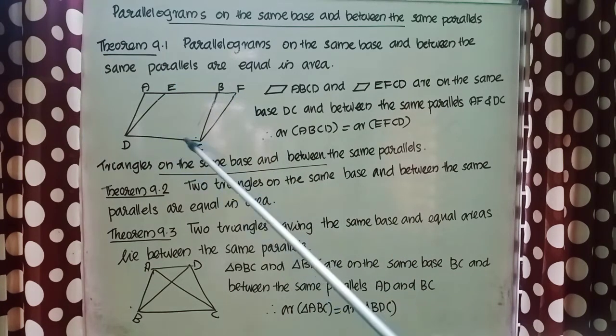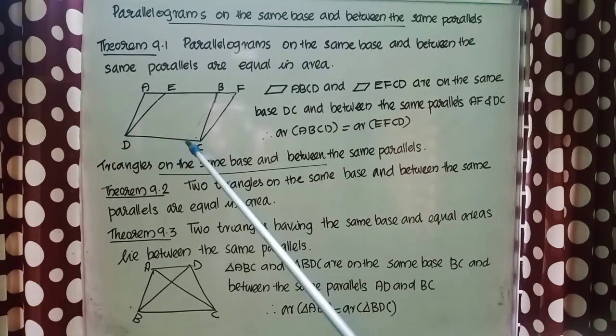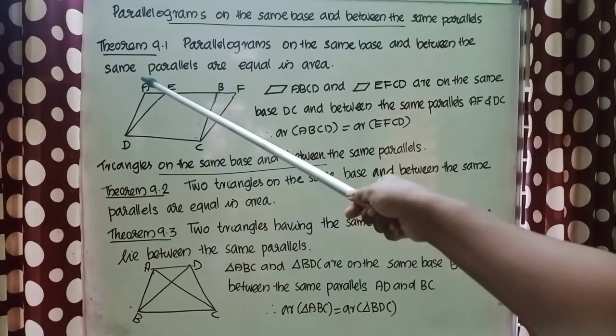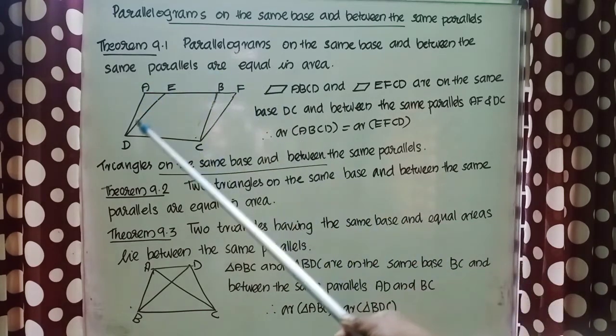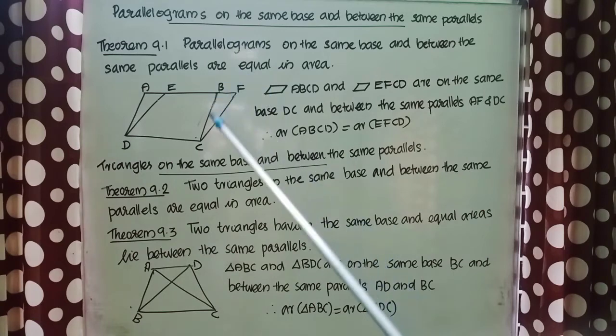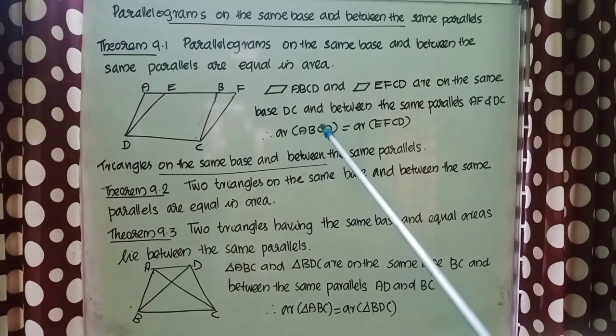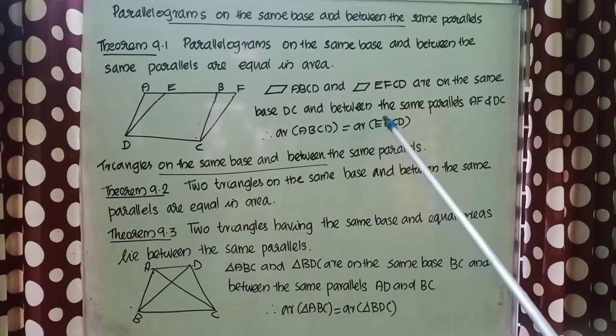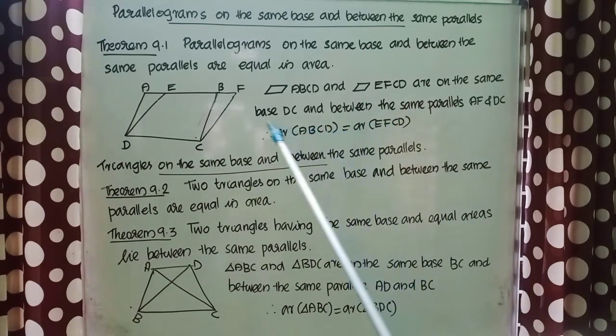Both are lying on the same base CD and both are lying between the same parallel lines AF and DC. So by the theorem we can conclude that area of parallelogram ABCD equals area of parallelogram EFCD.